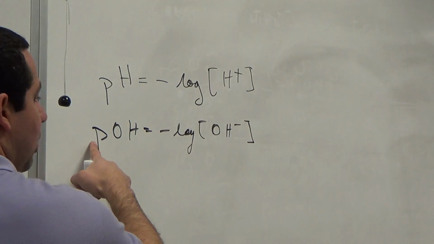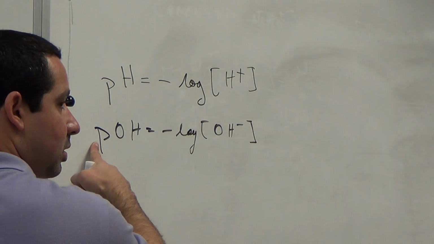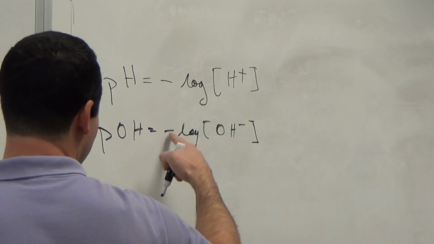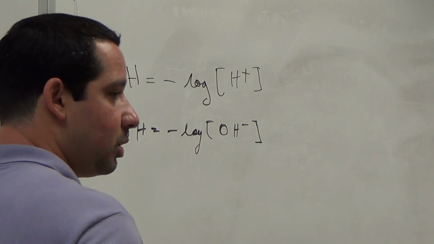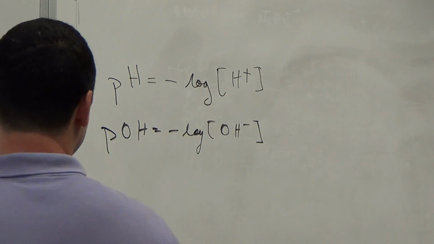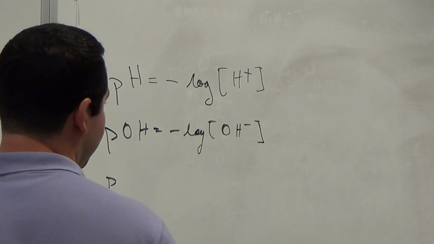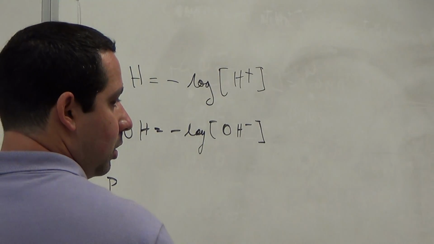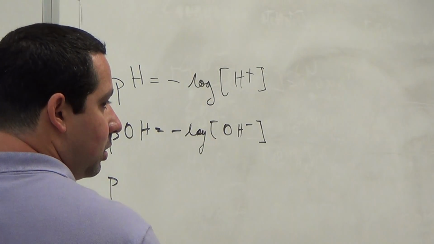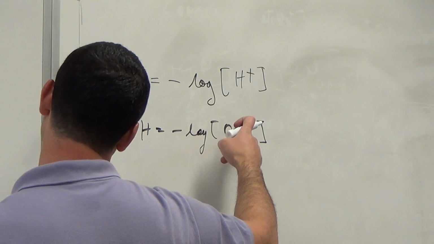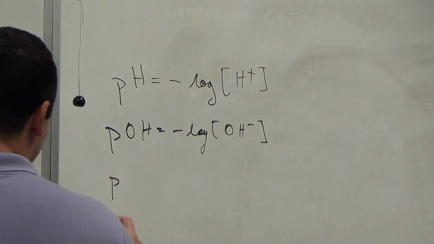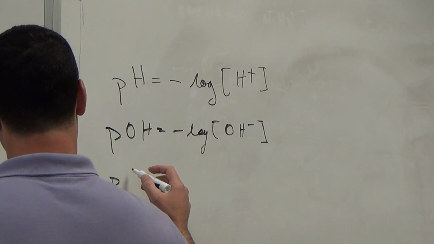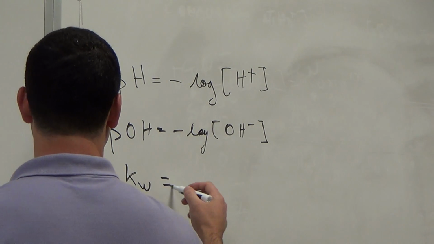Do you get the point of what p means? p means negative log of whatever follows it. The absolute value of the exponent, basically. So if it's times 10 to the negative 7, it'd be 7, because the minus cancels with the negative log. pH plus pOH should always be 14.